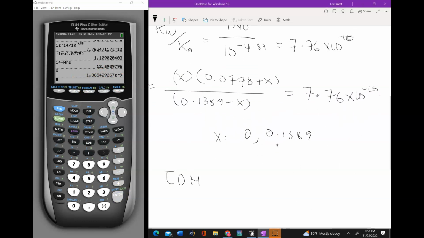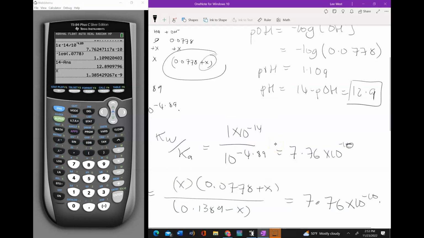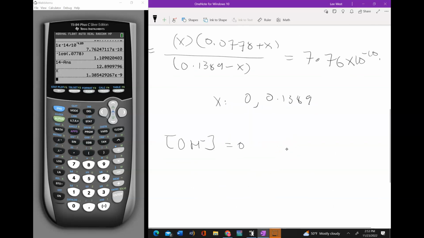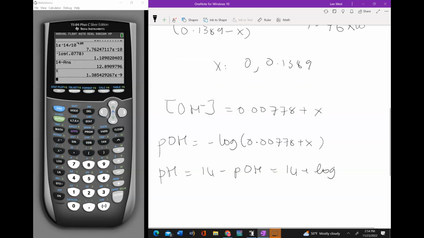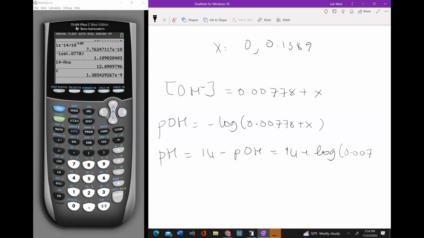So my hydroxide ion concentration, there it is, 0.0778 plus my X, and so then my pOH is going to be the negative log of that, and then my pH will be equal to 14 minus the pOH, which is equal to 14 plus the log of 0.0778 plus X. Now, you think it's going to be a lot different from what we got before? Let's see what we get.